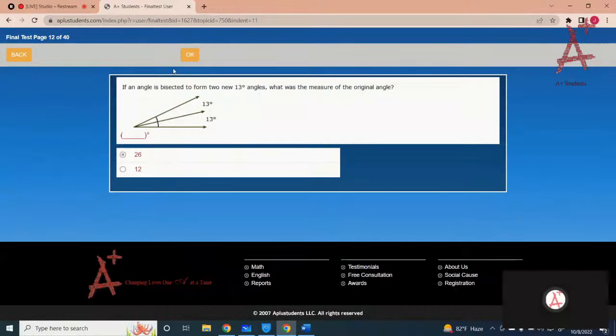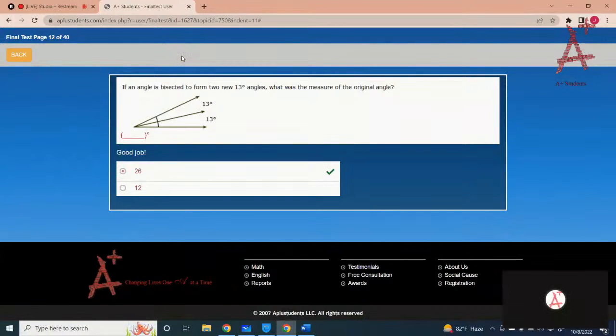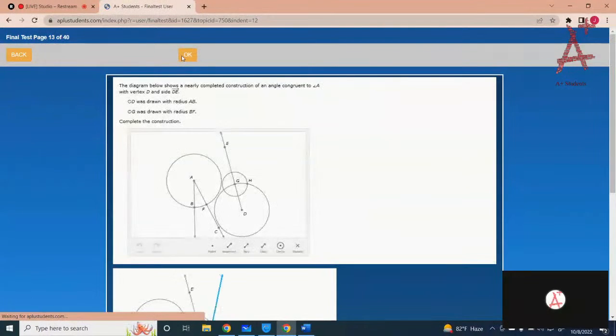Select the correct option and click on the OK button. The diagram below shows a nearly completed construction of an angle congruent to angle A with vertex D and side DE.